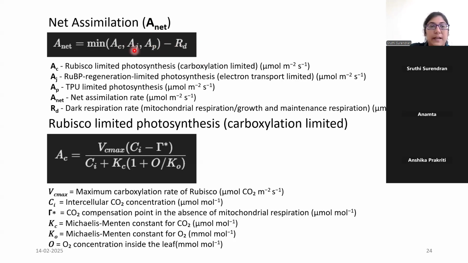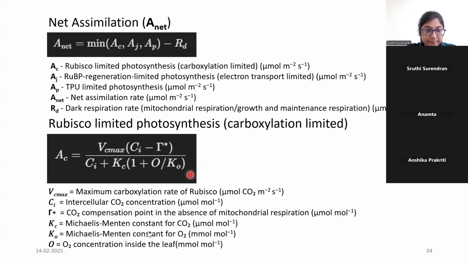So this is the final equation. How do we calculate the Rubisco limited photosynthesis, this AJ and AP? We'll look in more detail in the next class because there are just 10 more minutes and I don't think I'll be able to cover the whole thing.